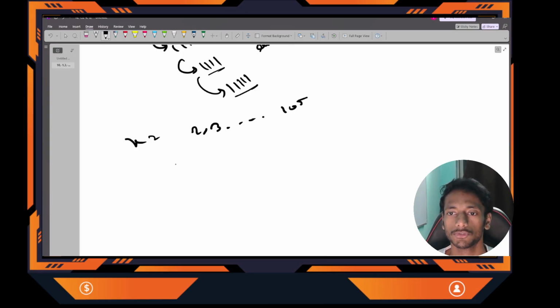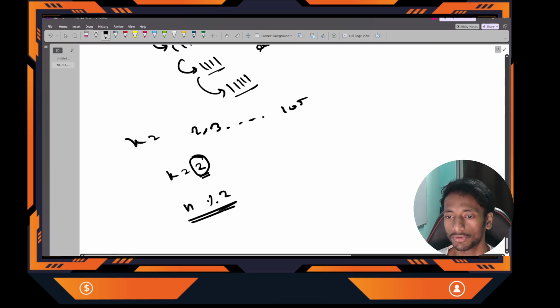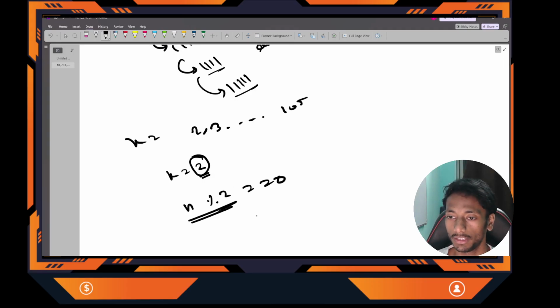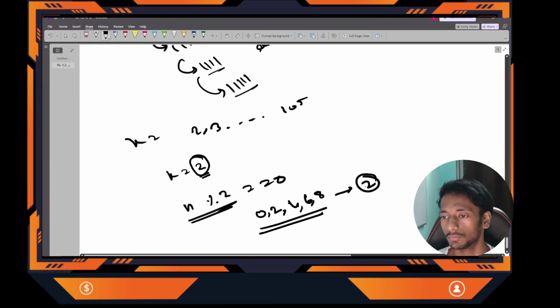If k is equal to 2, is it possible to have any answer? What is the condition for a number to be divisible by 2? The last digit should be even, meaning 0, 2, 4, 6, 8. Then the number is divisible by 2. This is the condition for 2.